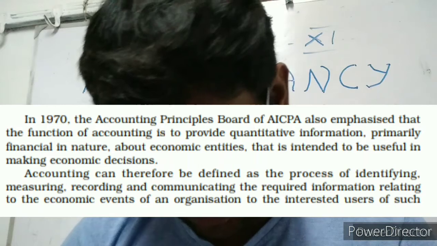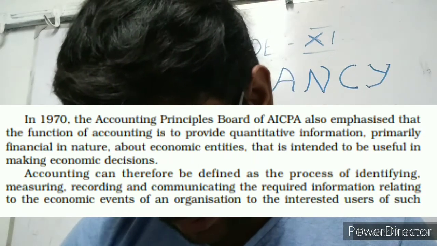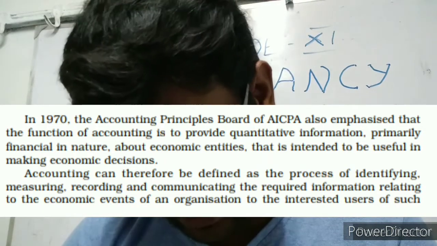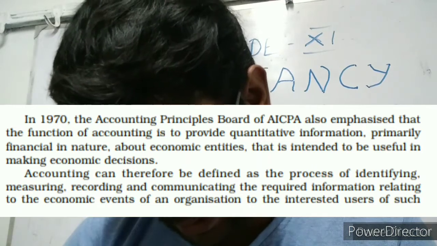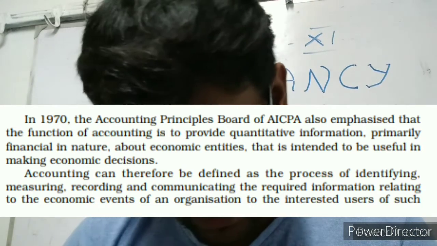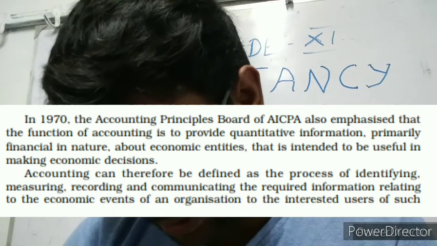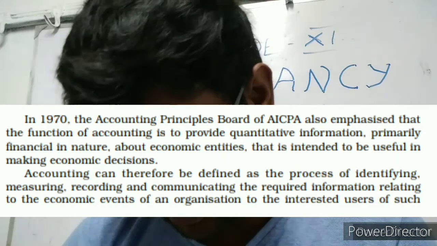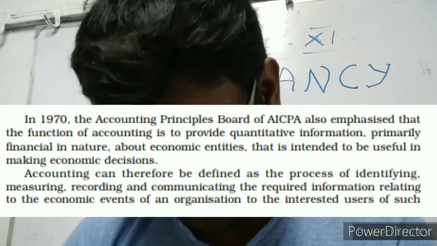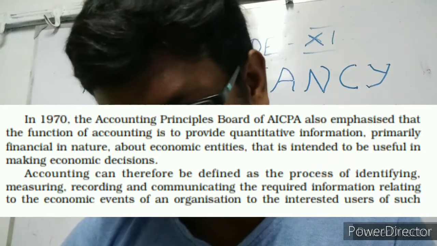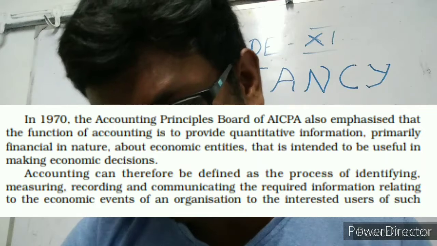And accounting can therefore be defined as the process of identifying, measuring, recording, and communicating required information relating to the economic events of an organization to the intended users of such information. See, year by year it changes. Before, they said it's an art of recording, classifying, summarizing.